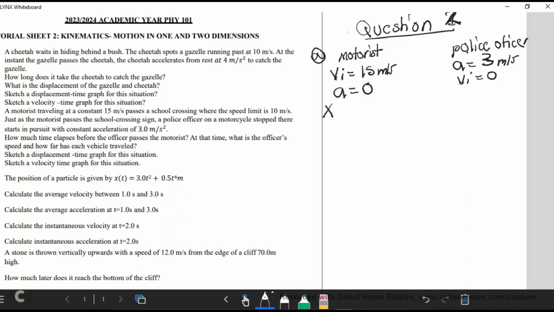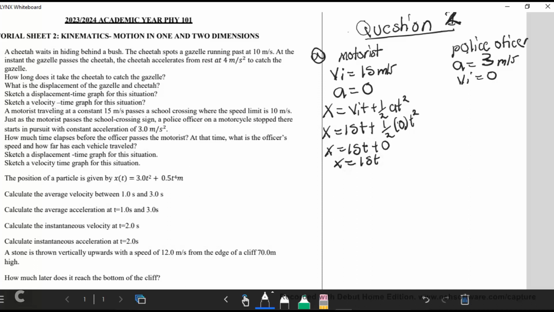So we said displacement x is equal to VI t plus 1 over 2 at squared. Here our initial velocity is 15t plus 1 over 2, then acceleration is 0, then t squared, such that your equation will be 15t. Then x is equal to 15t.